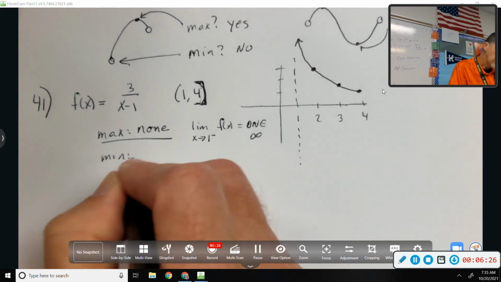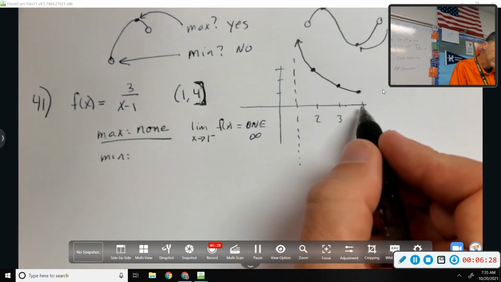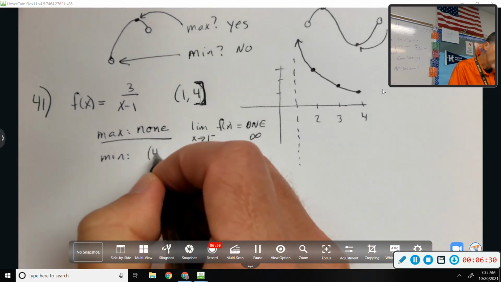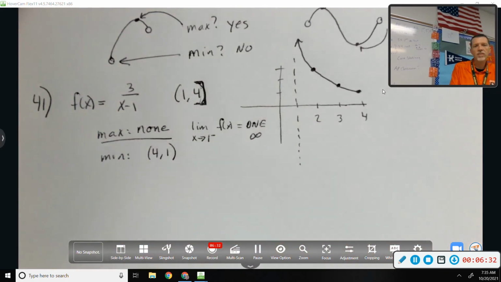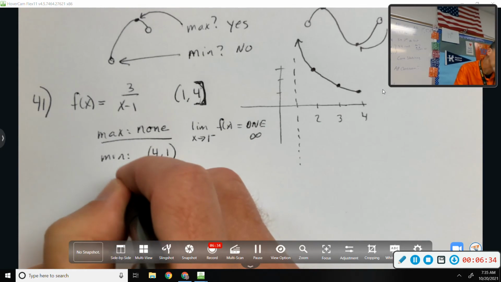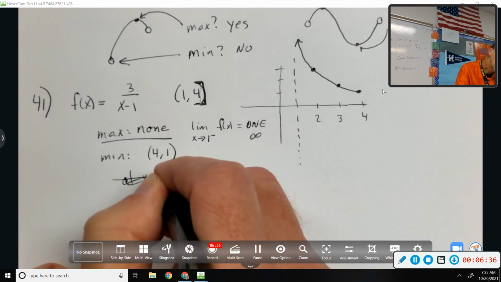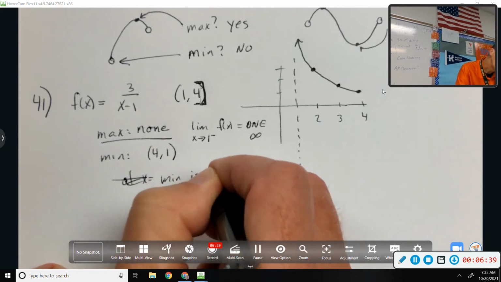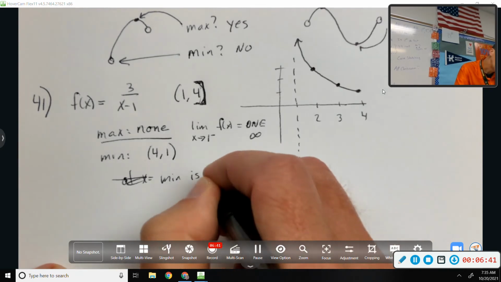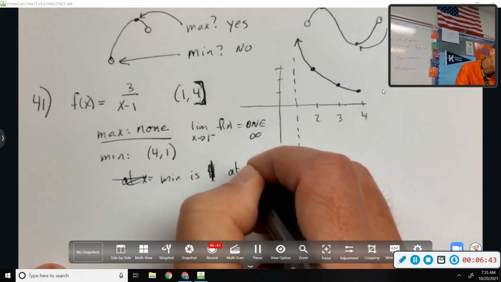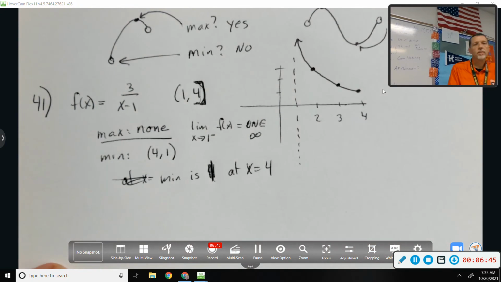The min is at x equals 4 and y equals 1. Again, if you want to just give the point, that's the safest way. The minimum is 1 at x equals 4. So be careful on the vocabulary there.